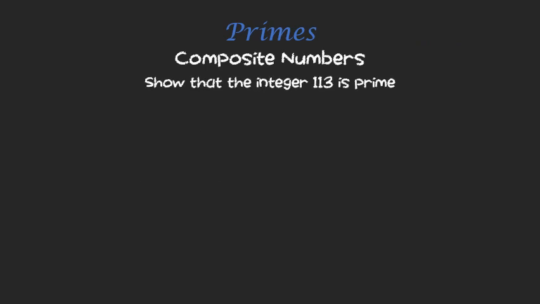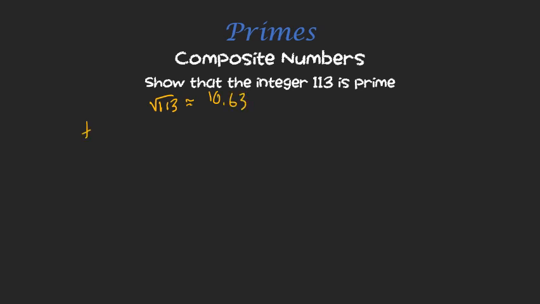All right, let's take a look at the integer 113, and we're going to show that this is in fact a prime number. So how do I prove an integer is prime? Well, I should test all the numbers, but that last corollary really just told us we just need to check primes up to the square root of 113. The square root of 113 is about 10.63.